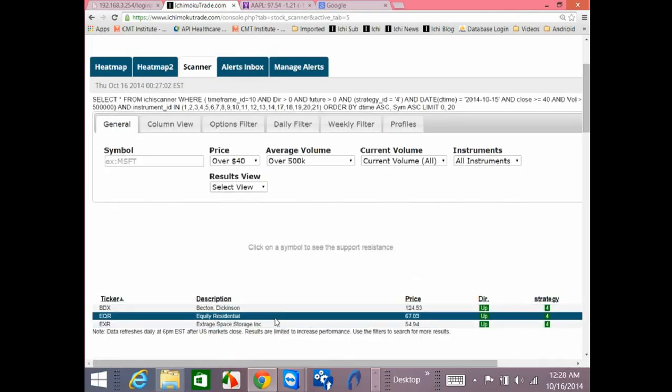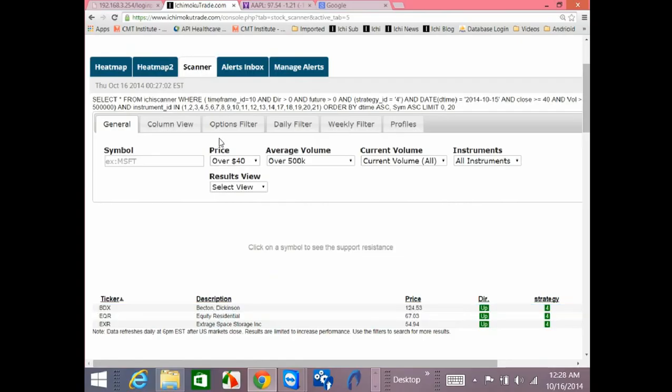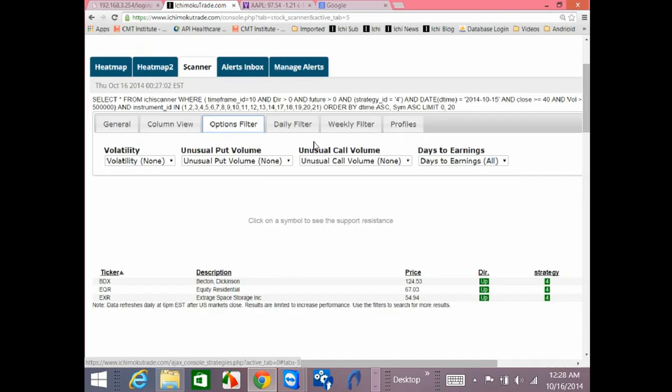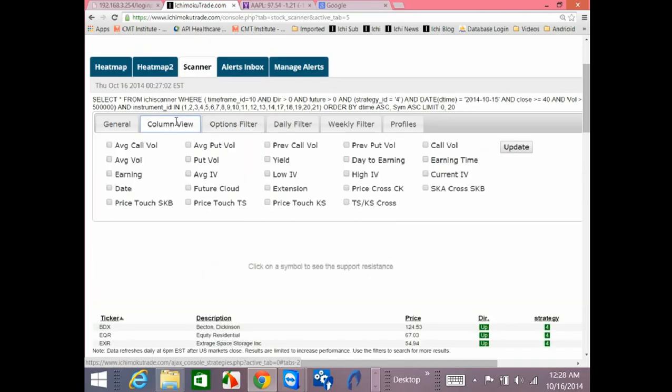There you go. See that? Now we want to look at volume. We want to look at IV, don't we? So I'm going to put average IV, and I want to see the current IV.